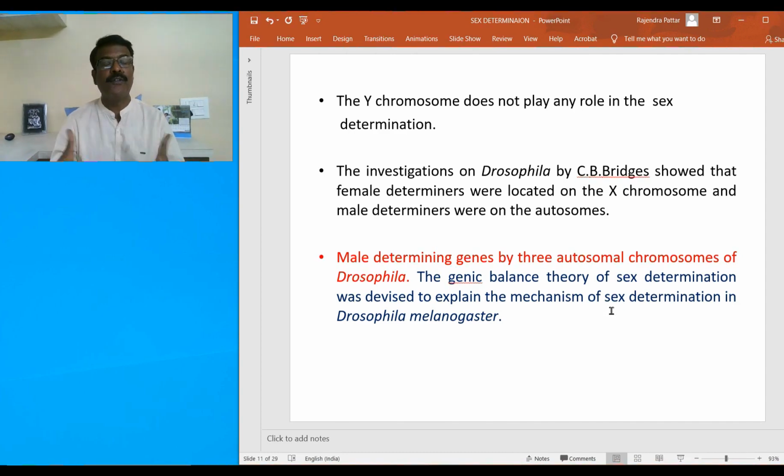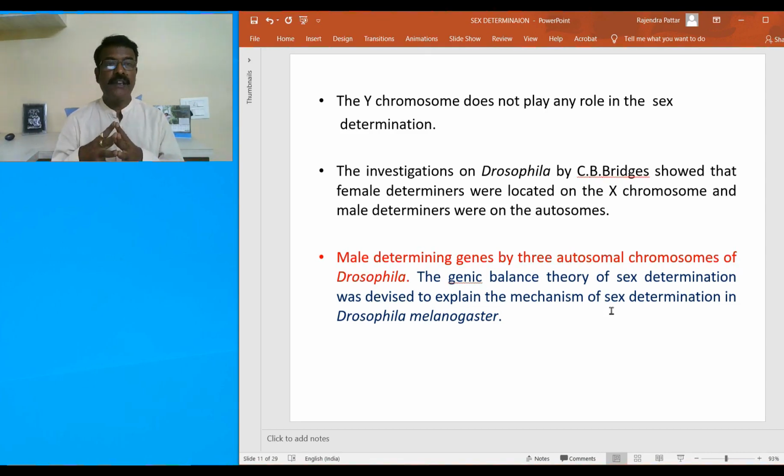Then we need to know the special case by referring to a theory proposed by C.B. Bridges, known as the genic balance theory.